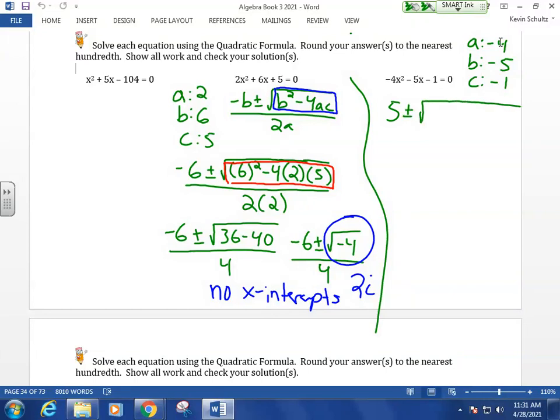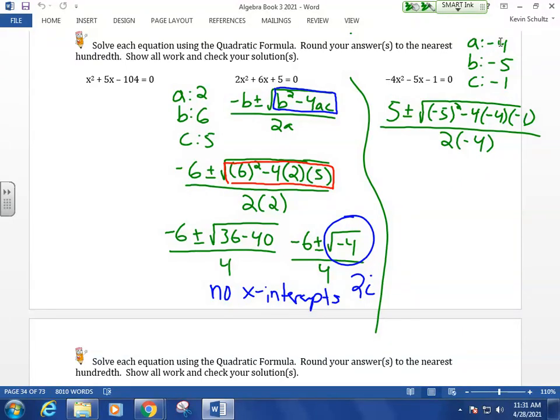Okay? Just like with that vertex formula, if your B is negative, a negative B or a -5 makes it a +5. And then under the root, we've got -5 squared minus 4 times our A value of -4 times our C value of -1. And all that is divided by 2 times -4. All right.